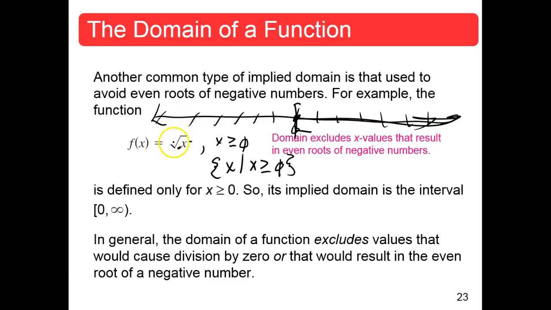Anytime you don't see the index of a radical, what do you assume it to be? 2. Okay, yes. If you had an index there, give me a number, any number. 4. That would mean the fourth root of x, okay? Would you have to do the same thing for it? Yes, you would, because it's even. If you don't see the index, you understand it to be the 2.